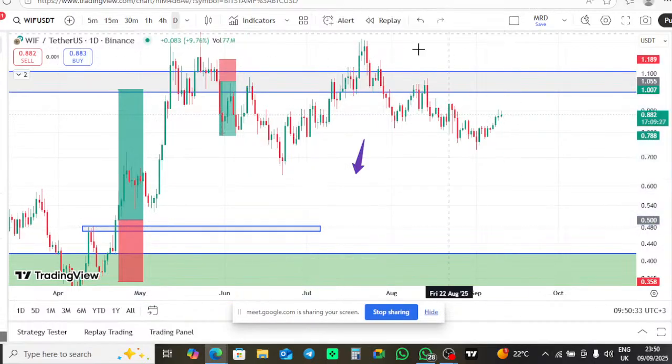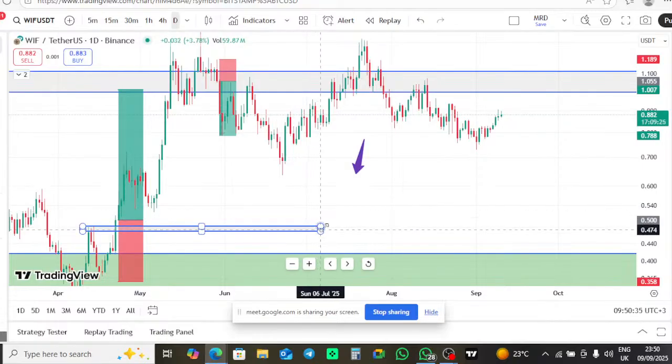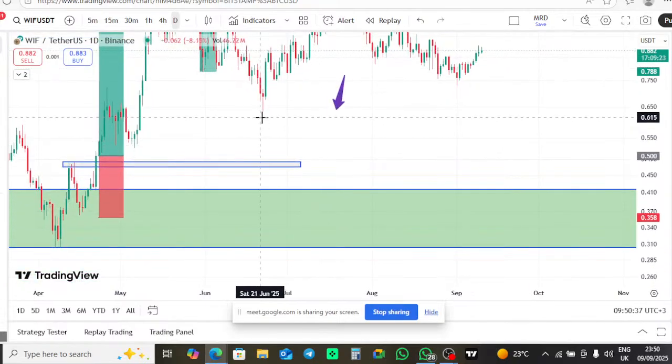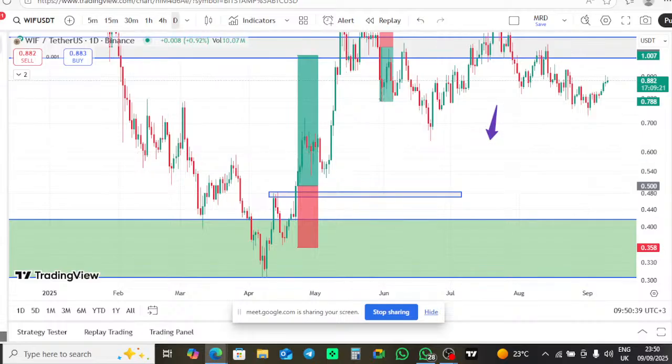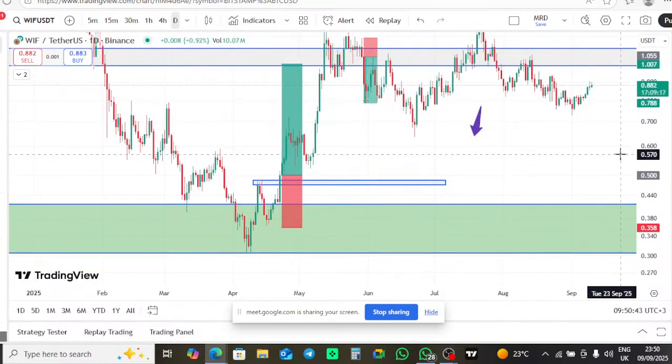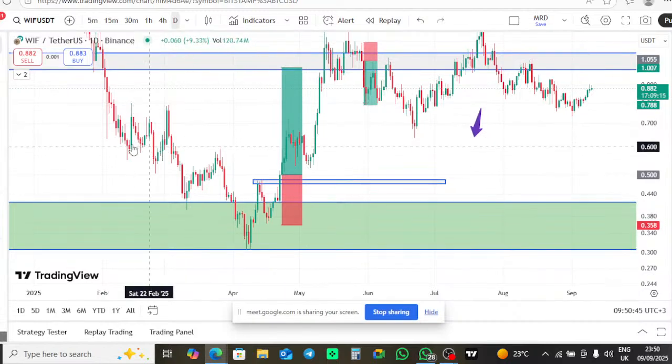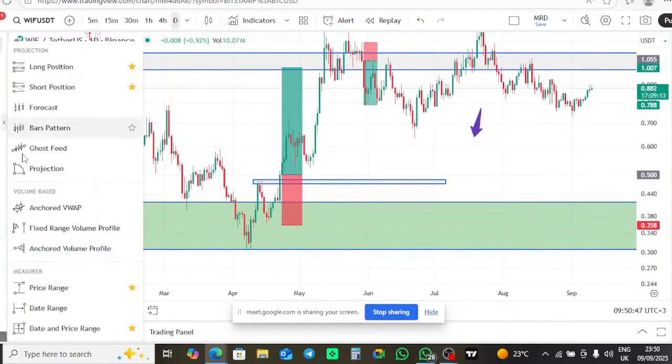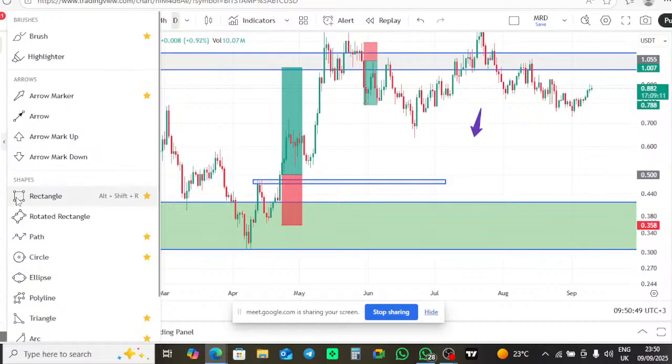Okay. I'm removing some. So, on one day, we are going to draw lines there. On one day, the important lines that we are seeing. On one day, we are going to consider this area.